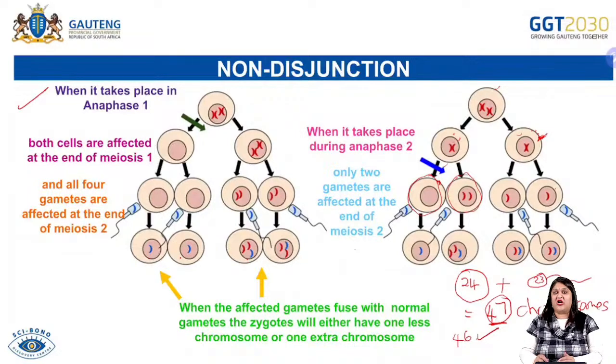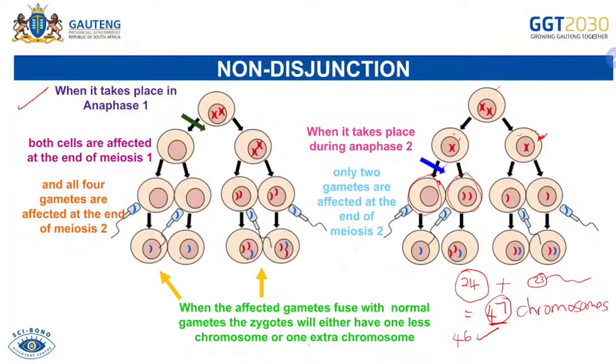Non-disjunction doesn't only happen in humans. I spoke to you about it earlier. What you need to understand is that when an affected gamete fuses with a normal gamete, that is when you are going to have either one more chromosome or one less chromosome. That's how the zygote ends up having the extra or the less. That's what I want you to understand.